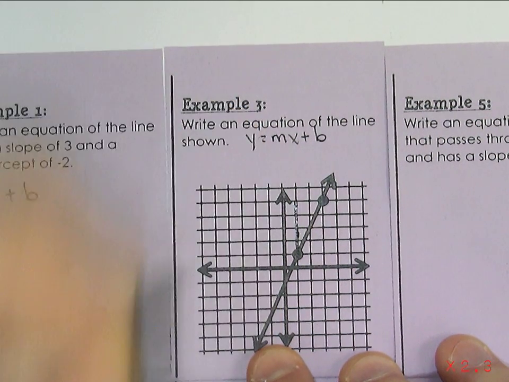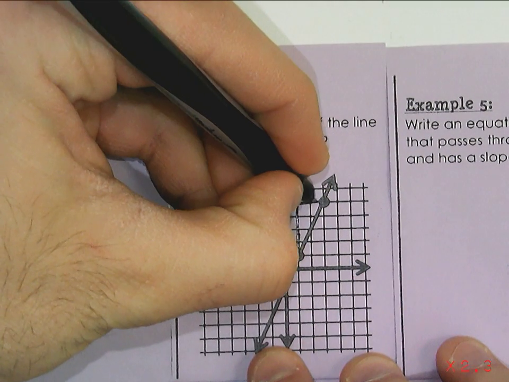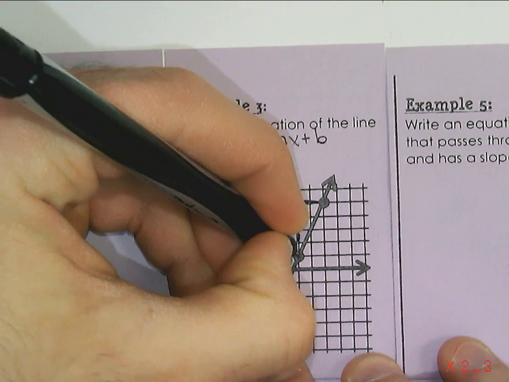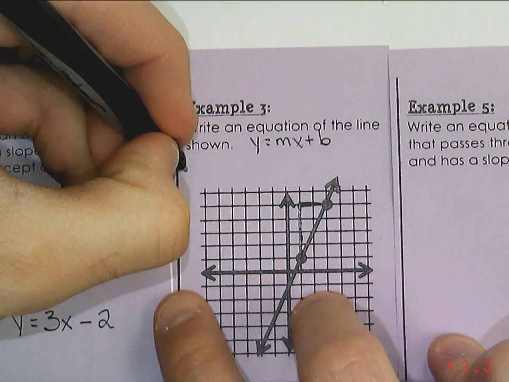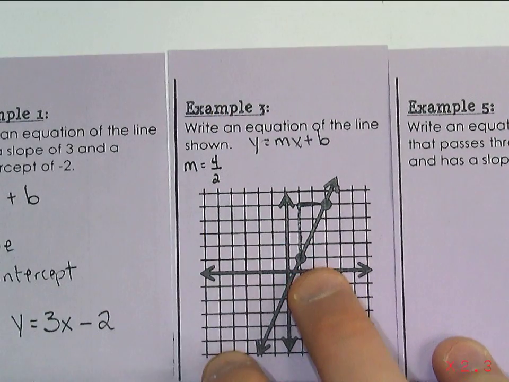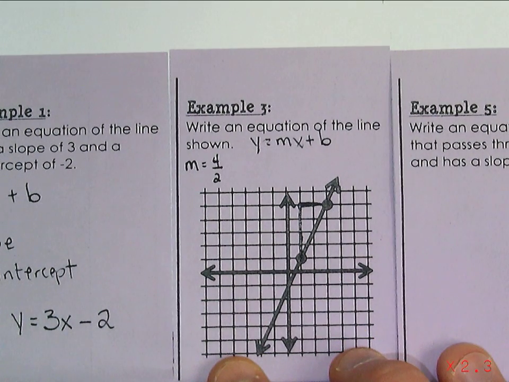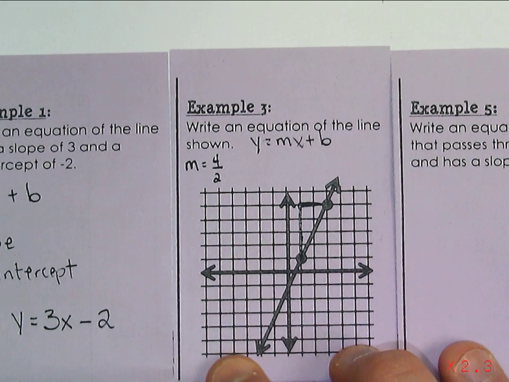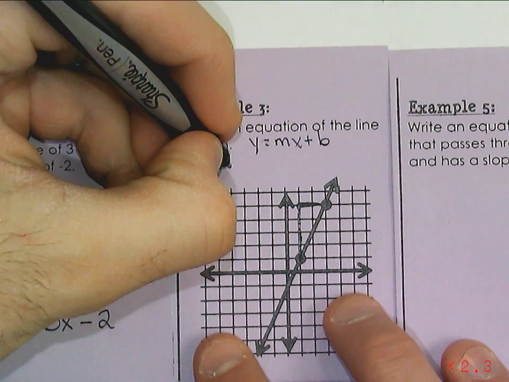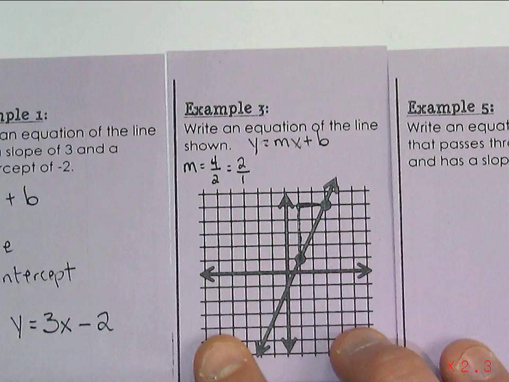So up 4, and to the right 2. So my slope, which I'll just write as m, equals 4 over 2. Now we need to think, is this completely reduced? No, this isn't completely reduced. We can divide 2 out of both the numerator and the denominator, so I would get 2 over 1, or just 2.